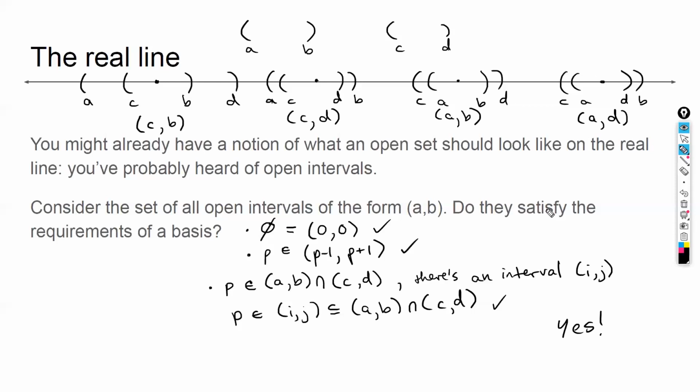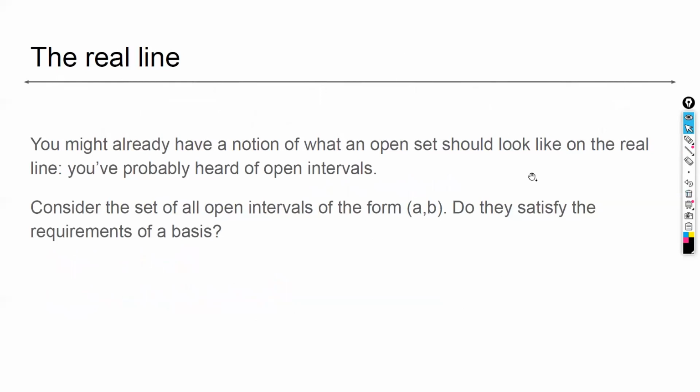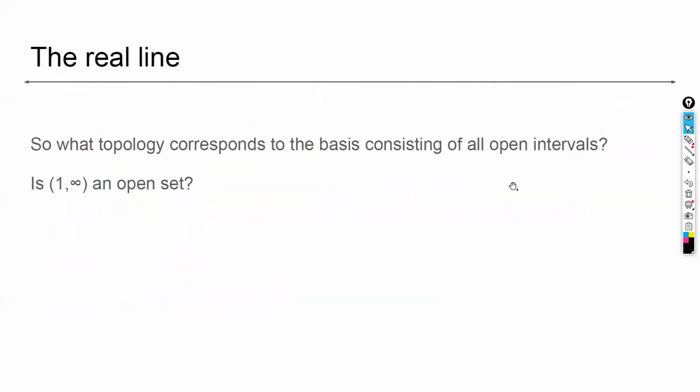Great. So if I have something which is a basis, then it must form a topology as well, right? I can form a topology out of the basis. So the question is, what topology is going to correspond to the basis consisting of all open intervals? What kinds of things are going to be open sets inside of this topology? Well, we already know that the intervals themselves are going to be open. We also know that I can take a bunch of intervals.